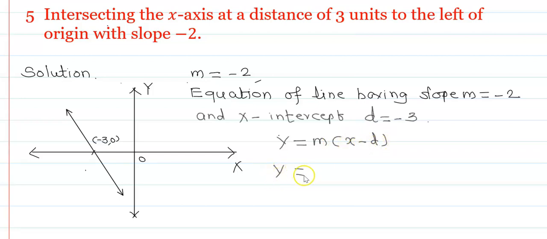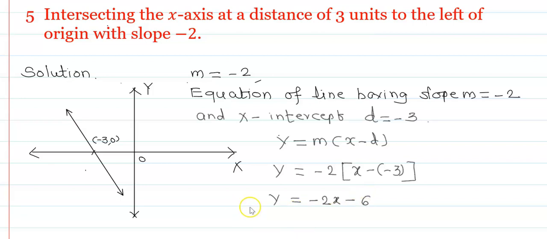Therefore y is equal to minus 2 in bracket x minus in bracket minus 3. Y is equal to minus 2x, minus and minus will become plus, it's a minus 6.